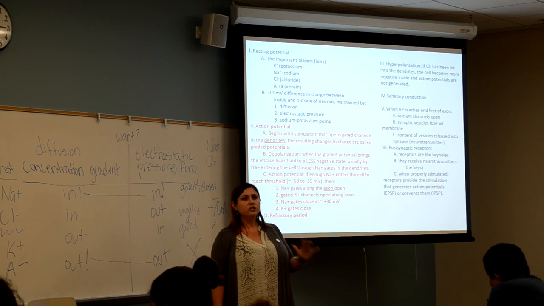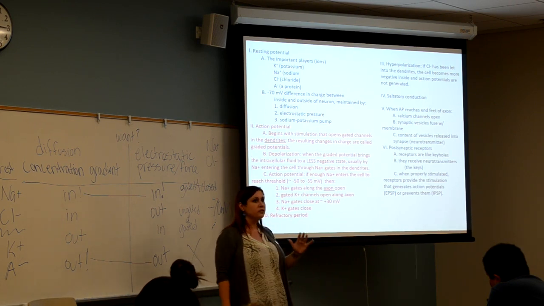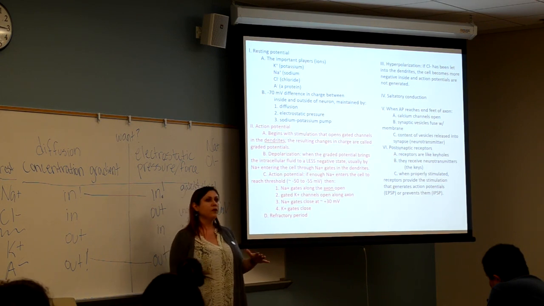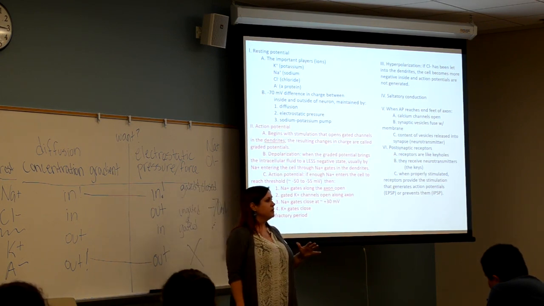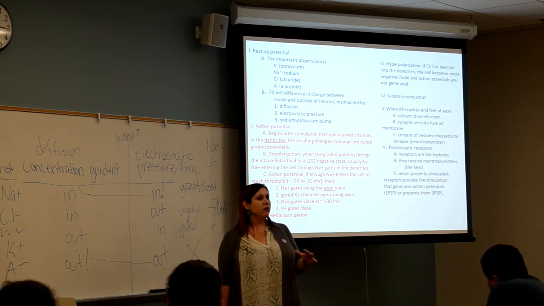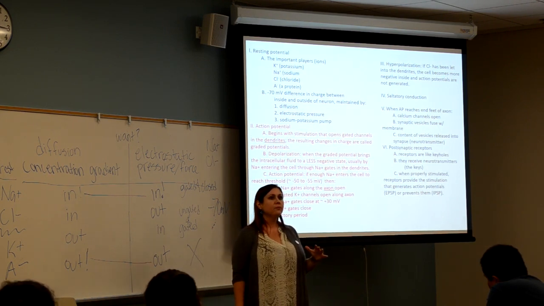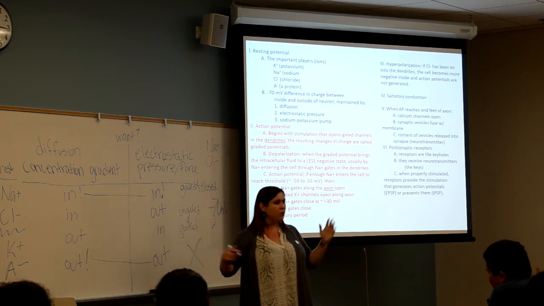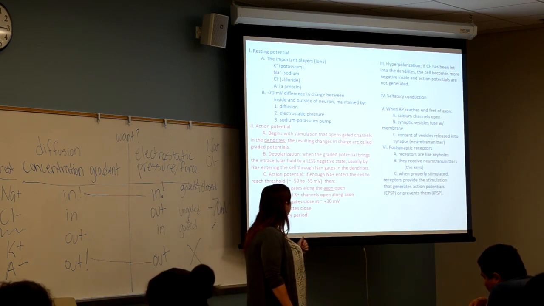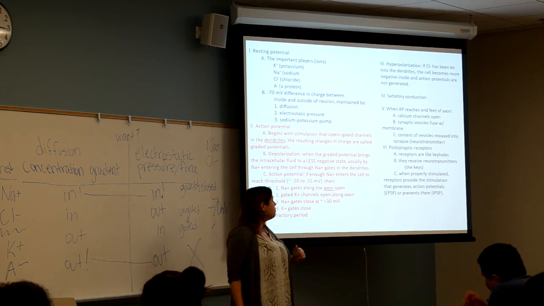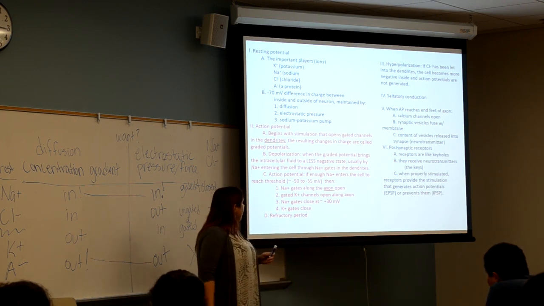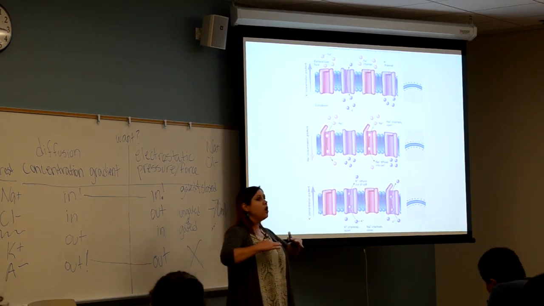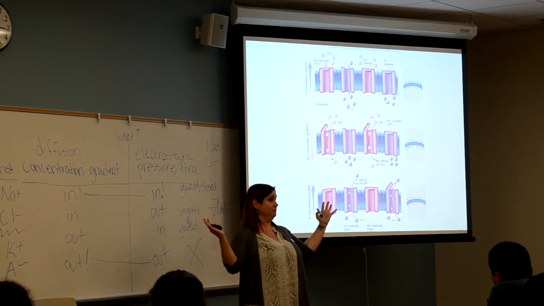When the cell reaches threshold, when the charge reaches about negative 55, an action potential will occur. It's an all or none process. The action potential must occur if you reach threshold. So you have a sodium gate at first opening here and a sodium gate opening there with all these different stimulations. Cells going up and up and up, becoming more positive. And then what happens when we reach threshold is all the sodium gates open.